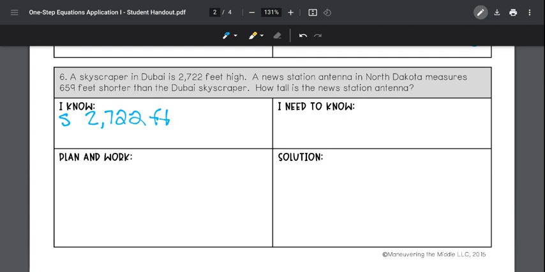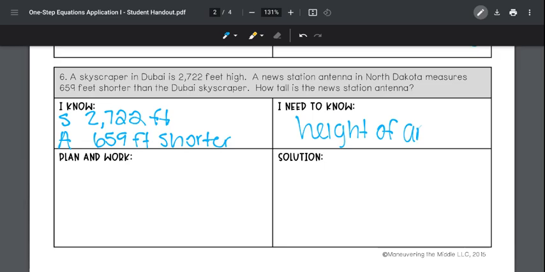Okay. The antenna is 659 feet shorter. We need to know the height of the antenna.